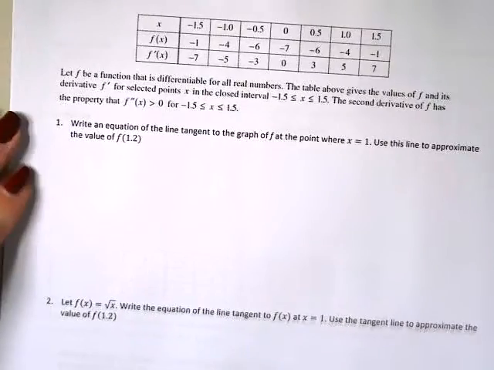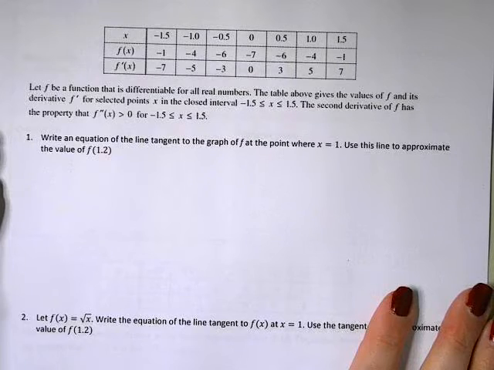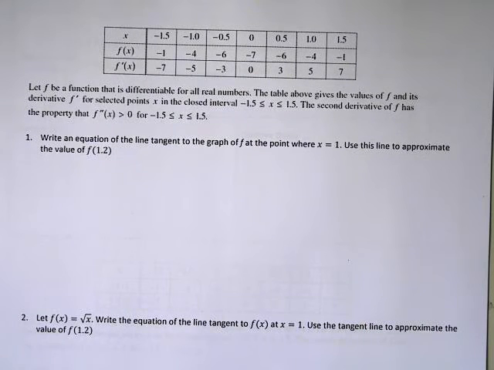All right, let's move on and look at some examples of what this would look like on the AP exam. We've got this table here. f is a function that's differentiable for all real numbers. We've got values of f and f prime on this interval. The second derivative has this property that it is greater than 0. We'll talk more about that later.